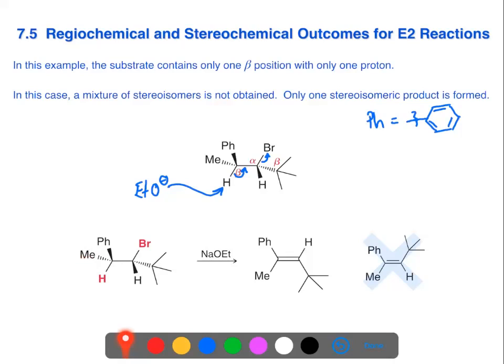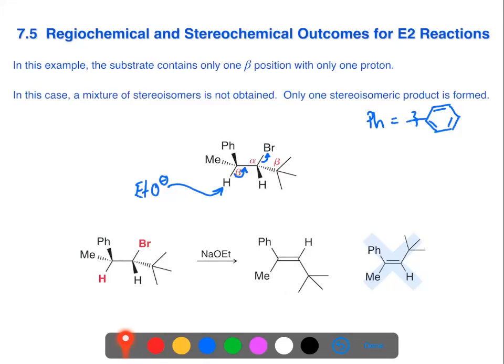And the methyl group and this tertiary butyl group, they're behind the page, they'll be on the same side of the double bond. And so this is the only product that we observe from this reaction, where again, the phenyl and the hydrogen, which were on the solid wedges, are on one side of the double bond, and the methyl and the tertiary butyl group are on the other side of the double bond.